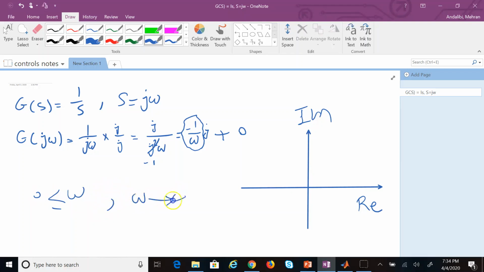Omega can go all the way to infinity. If omega goes to infinity, this goes to 0. And when omega goes to 0, this goes to -infinity.